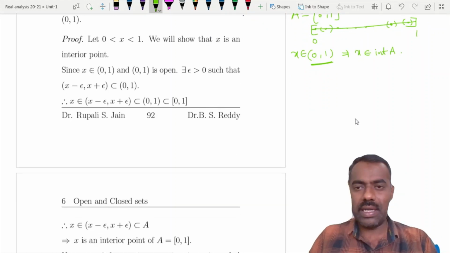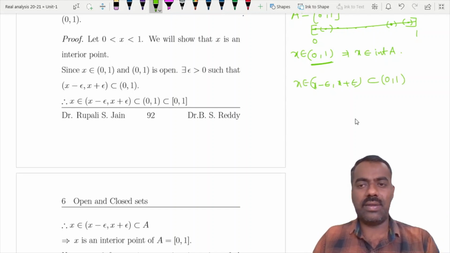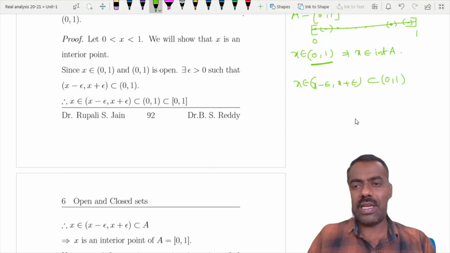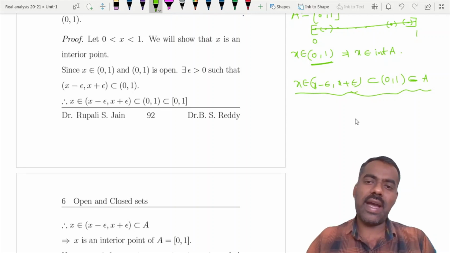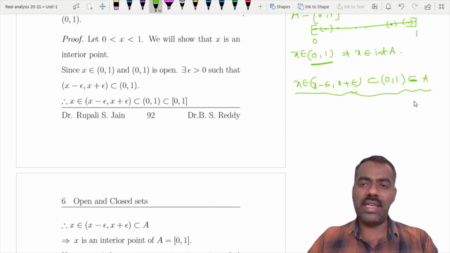Here balls are nothing but intervals, so (X minus epsilon, X plus epsilon) is contained in (0, 1). Of course X is there. That shows that X belongs to (X minus epsilon, X plus epsilon), which is contained in (0, 1), which is A. So that shows that X is an interior point.